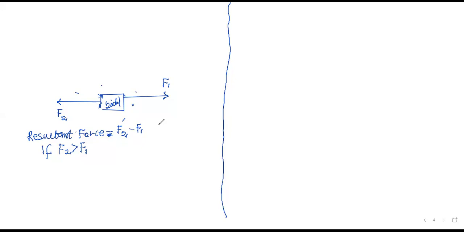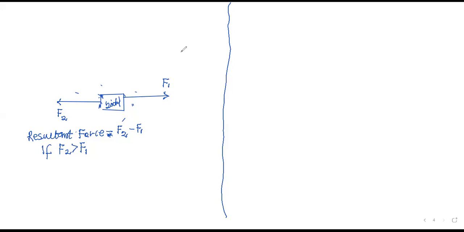If all the forces are equal, the resultant force will be 0, and the body can be stationary. Okay, we'll get there. But if F2 is greater than F1, the resultant force is F2 minus F1, and the direction of the resultant takes the direction of the larger force.